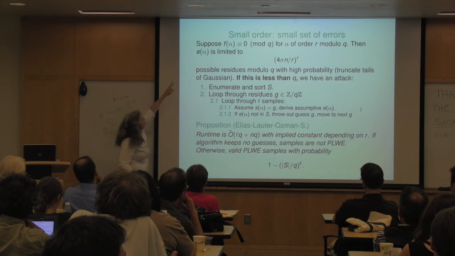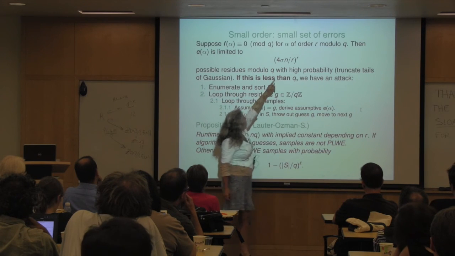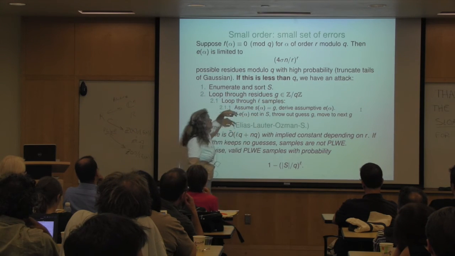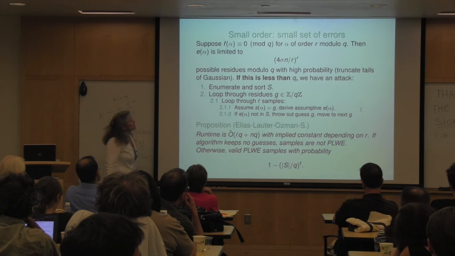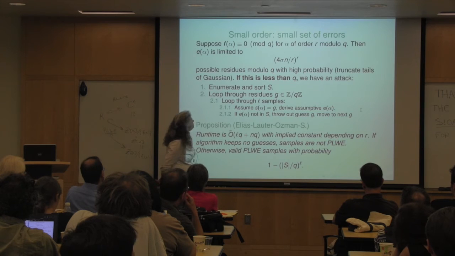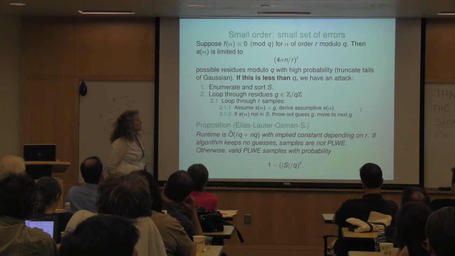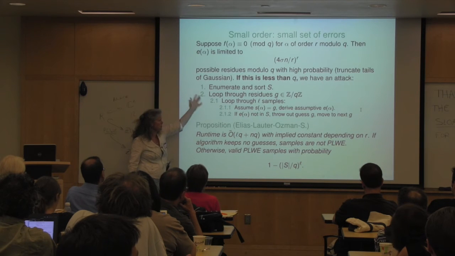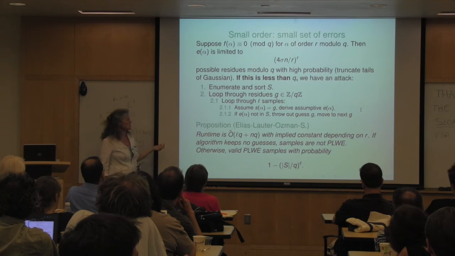The size of this set would be roughly this, 4 sigma n over r to the rth power, where r is the order. So clearly you want r to be very small if you can. This essentially just states that algorithm again, but with the modification that I just explained.